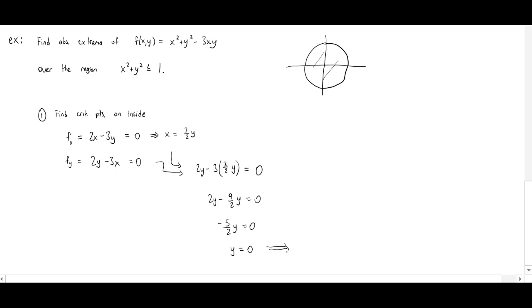So then if y is 0, then coming back to the equation that we had earlier, x is 3 times 0 over 2, so it would be 0. All right. So we found one possible extrema inside the region, which is the origin.